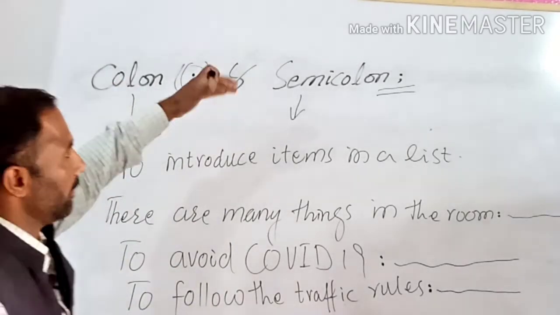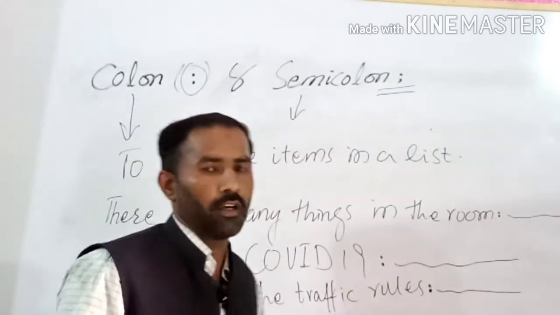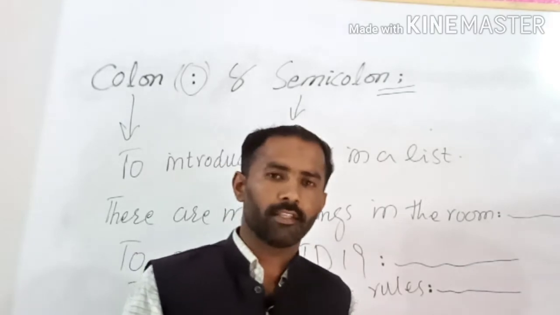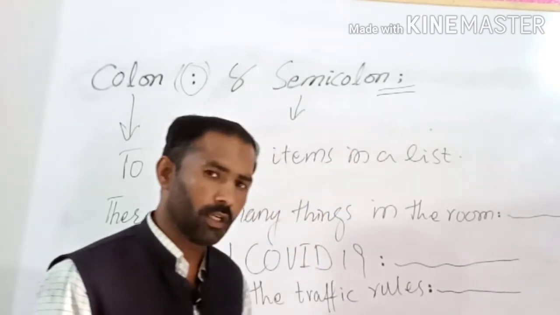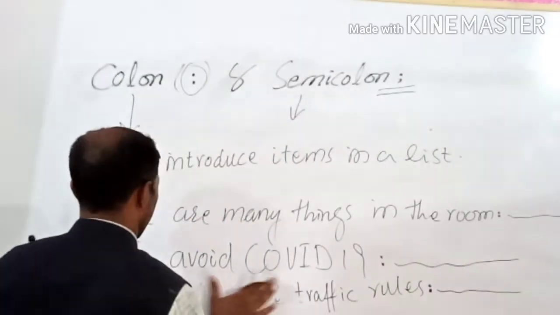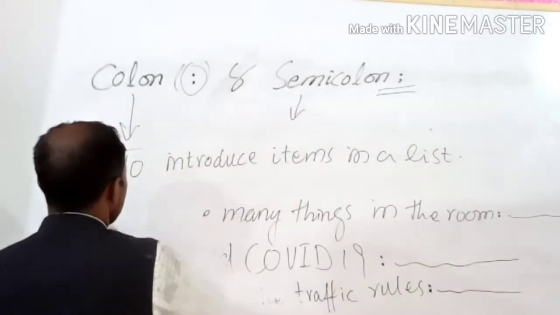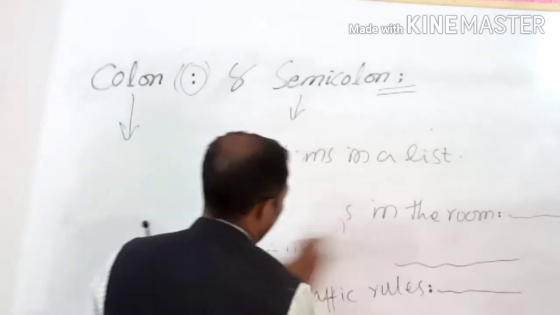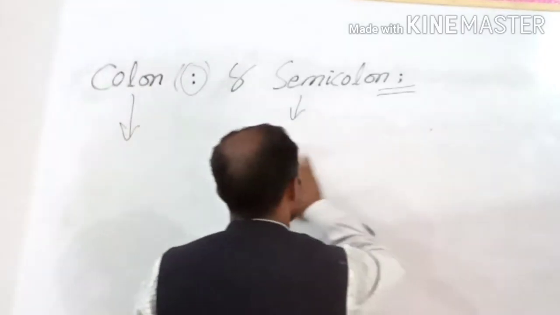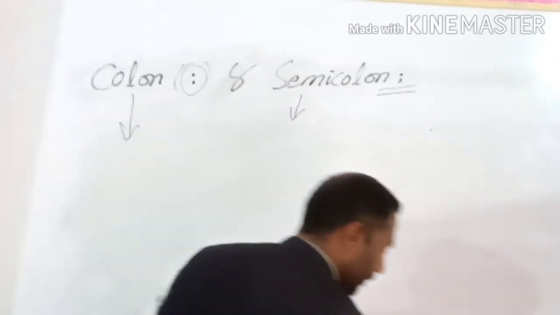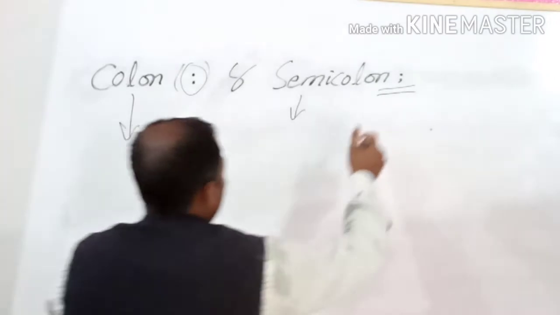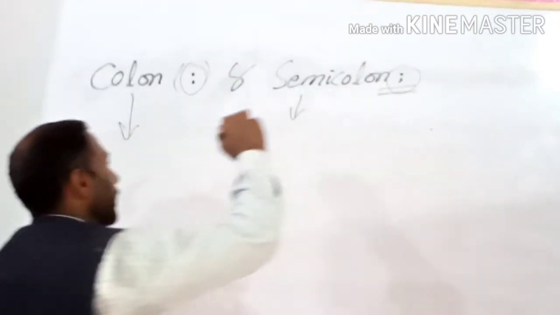The second punctuation mark is the semicolon. When we want to connect two sentences to each other, that time we use a semicolon. How? Let's take an example. That is the symbol of the semicolon.